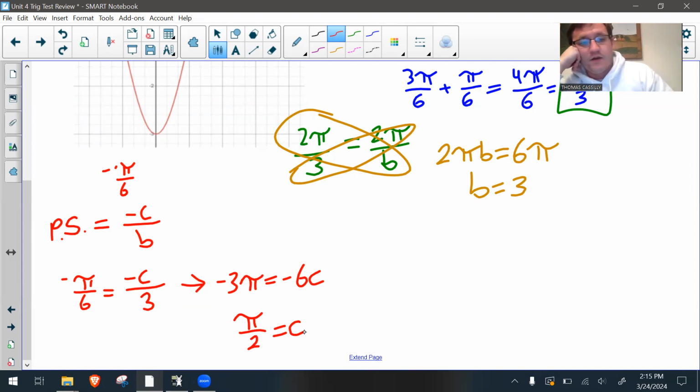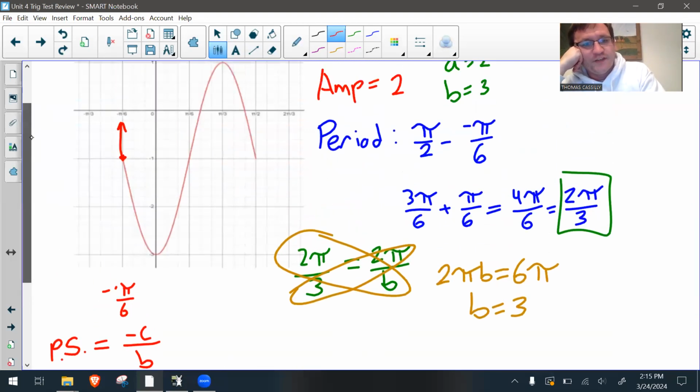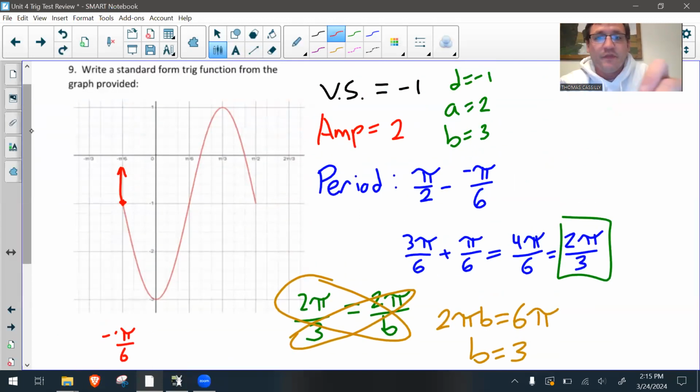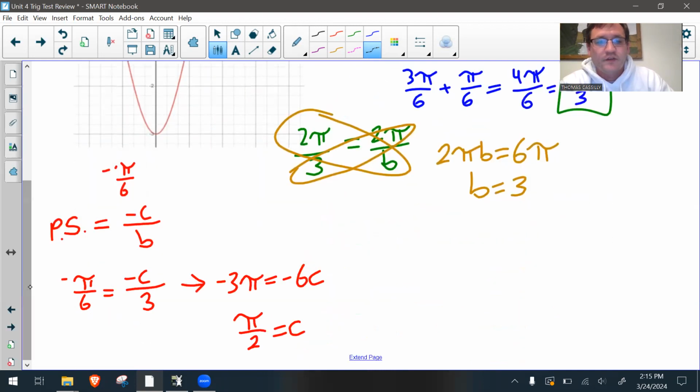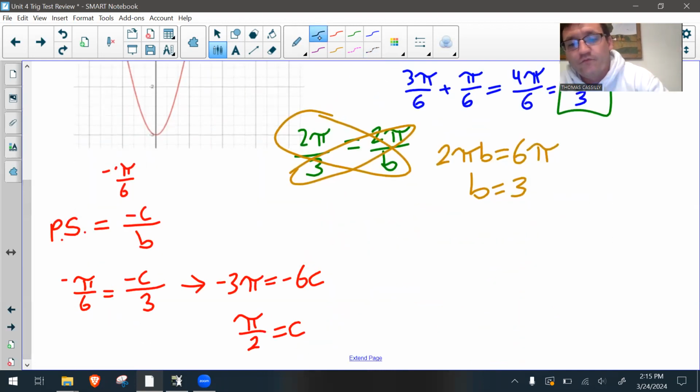And then the last thing we should really identify, I should have done this first. This is a sine function. It hits that midline 3 points, the beginning, the middle, and the end hit that midline, so we know that it's going to be a sine function here. So just to recap, or just rewrite them all in one spot. I already forgot them.